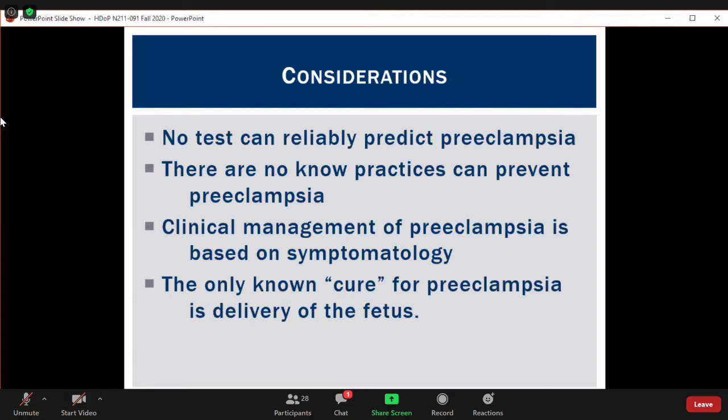So the consideration has to be delivering this baby early and at least being able to manage both of them.